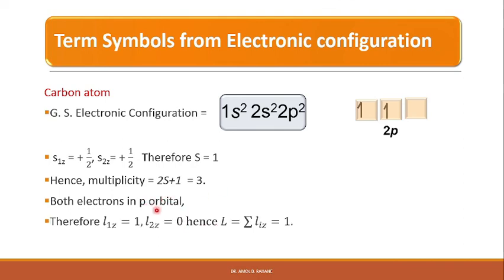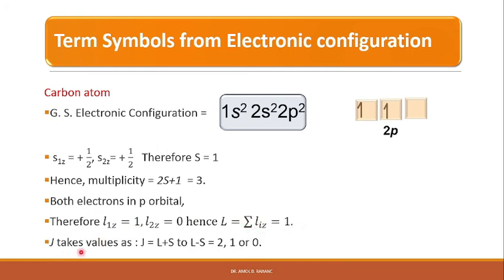Since both the electrons are in the p orbital, we have capital L equal to 1, so for L equal to 1 we have three values of Lz, that is minus 1, 0 and plus 1, right? For the first electron we take the Lz value as 1, and for the second electron we take the Lz value as 0 because it is in the second sub-orbital, and hence L is the summation over l_i, equal to 1.